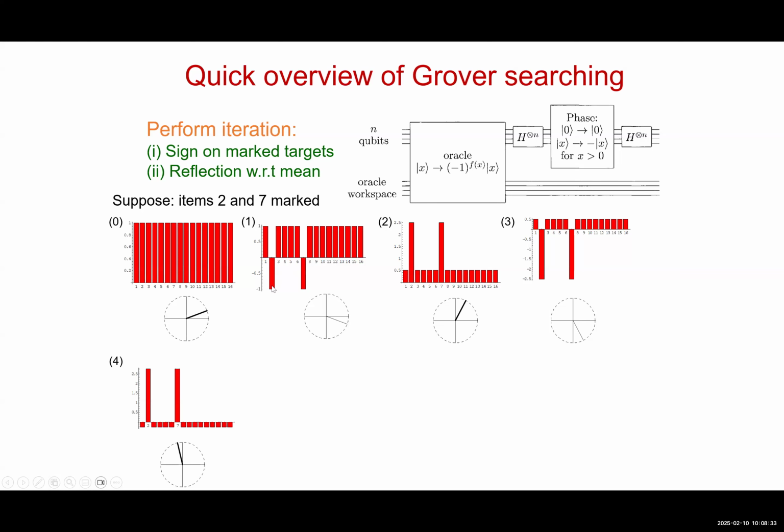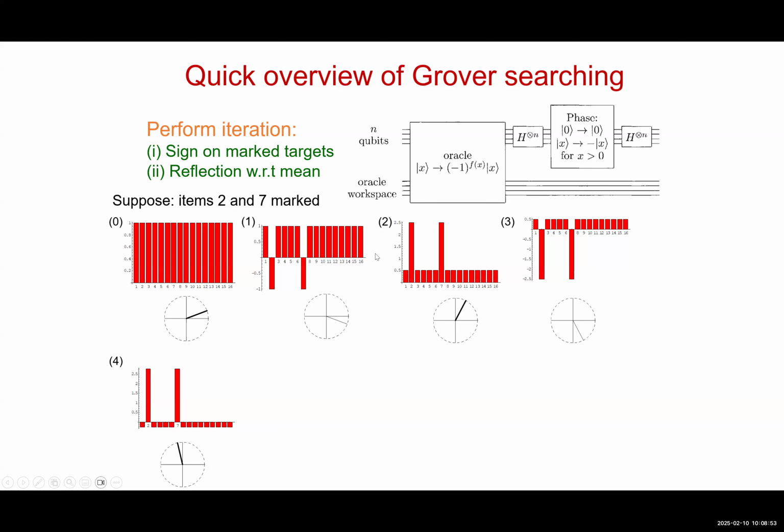You do the reflection, the oracle is a reflection with respect to 0, so you put the minus sign, and here you do the reflection around the mean.